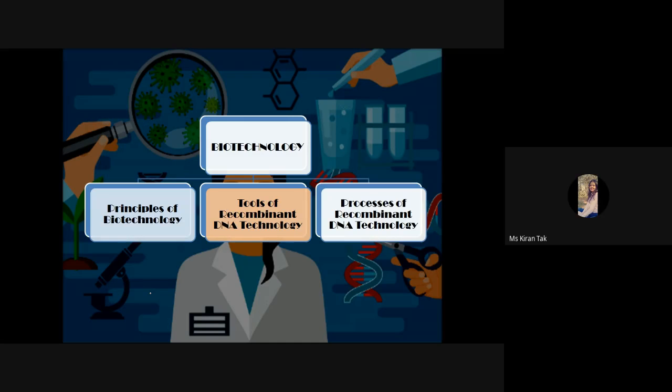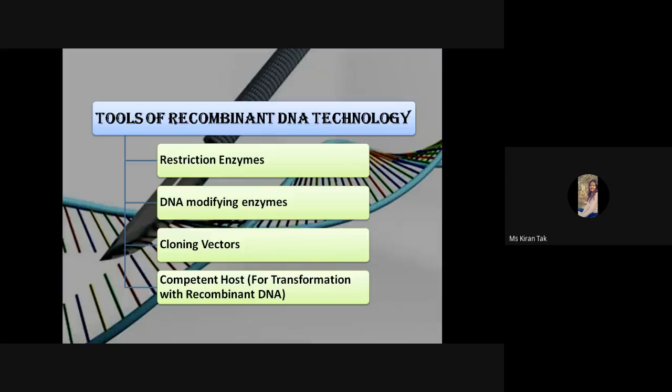Now, after completing both the principles of the biotechnology, we will move forward to the tools of recombinant DNA technology. So, as in any type of engineering, there are some tools that are required for the engineering.